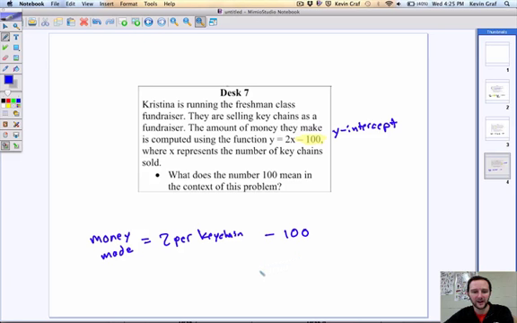It really means that if they sell 0 keychains, their money made is negative 100, which doesn't totally make sense, except that when you think about, like, put yourself in this actual position, right? You have to buy all these keychains first, and then you can start selling them, and then you sell them for $2 and you start making your money, you know. But at first you have to buy them all.